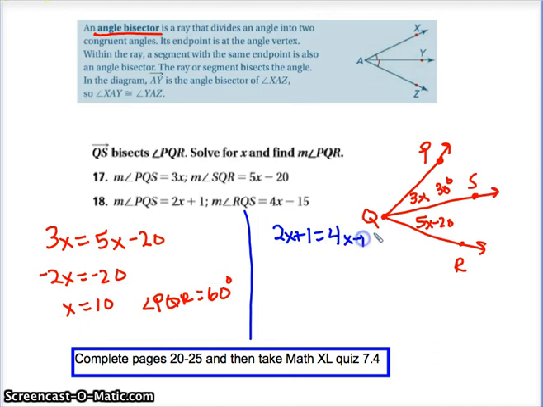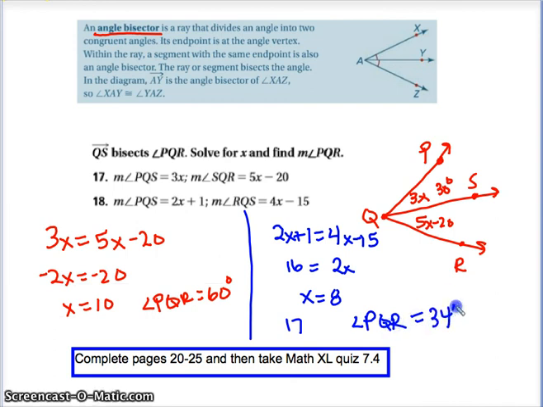They have to be the same since there's the bisector. So we'll go ahead and solve. 2x equals 16, and x equals 8. That means that one of your angles is now 17. So the measure of angle PQR has to be 34.